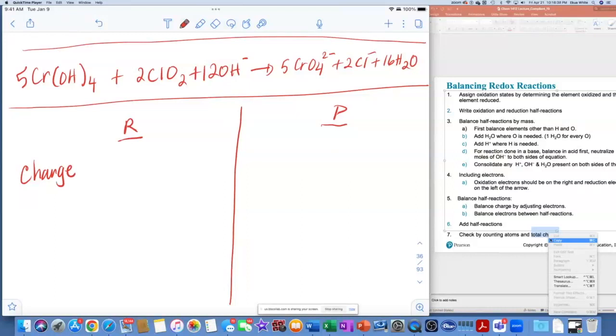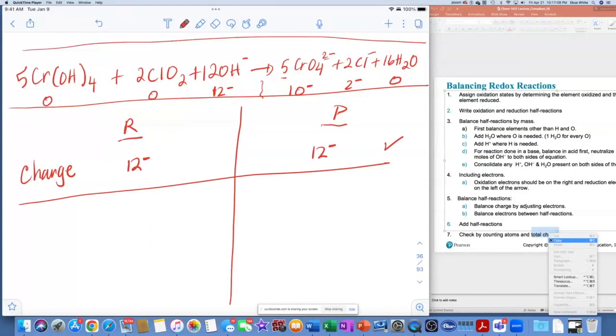For our charge, you can see this is essentially 0, 0, and then 12 negative on the left side. So a total charge on the left side is 12 negative. On the right side, I have 10 negative, 5 times 2, 2 negative, and then 0. When you total that, you get 12 negative. So the charge is balanced because both sides of the equation have 12 negatives.